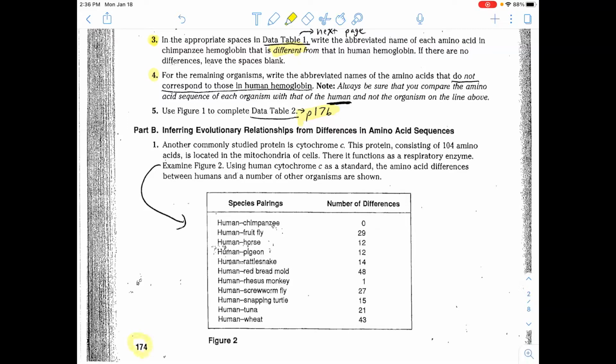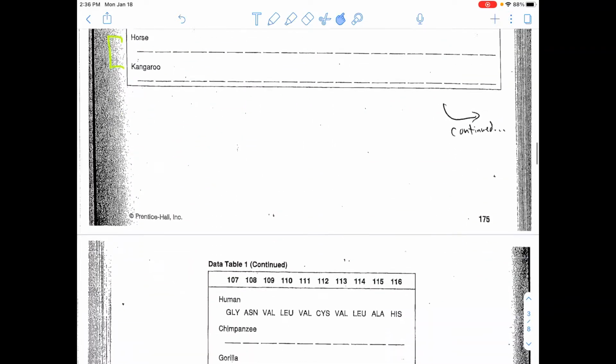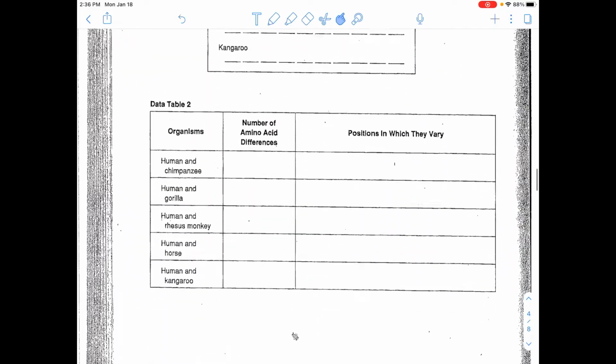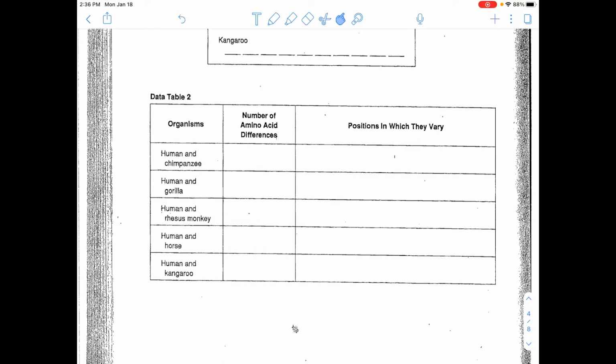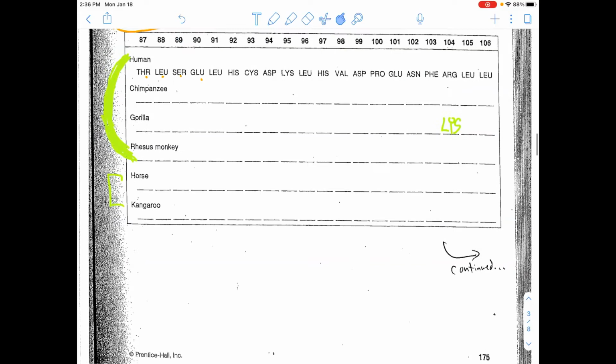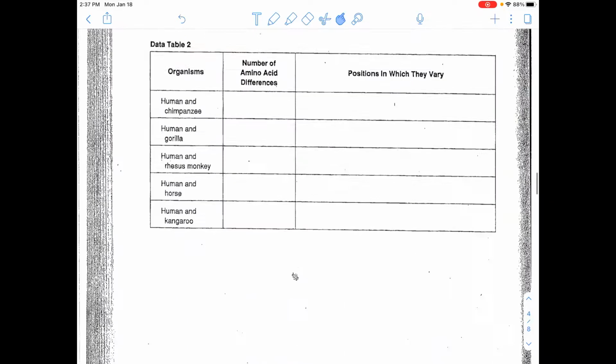So at the bottom, here's page 174. Here's 175. All right, here's data table 2. What we figured out is that there were 0 differences between a human and a chimpanzee. Every amino acid was the same.